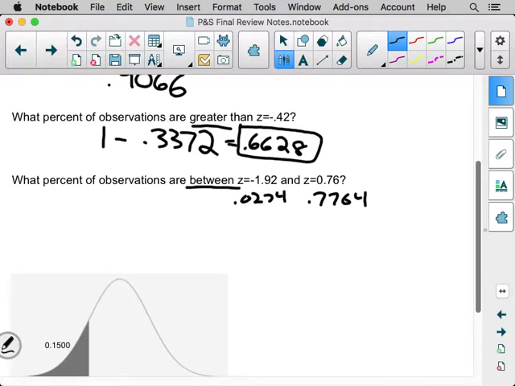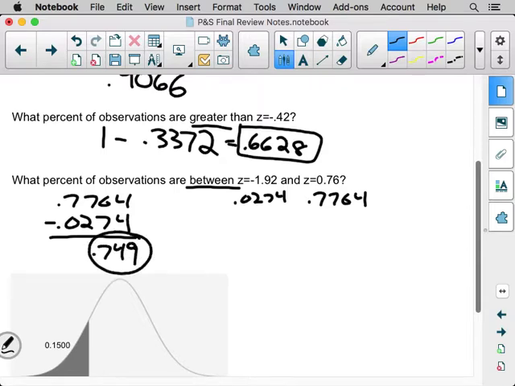Our strategy for between is now that we have both of those, now we need to subtract them. And the cool thing is you always get to do bigger minus smaller. So 0.7764 minus 0.0274. That gives me 0.749 as my answer.